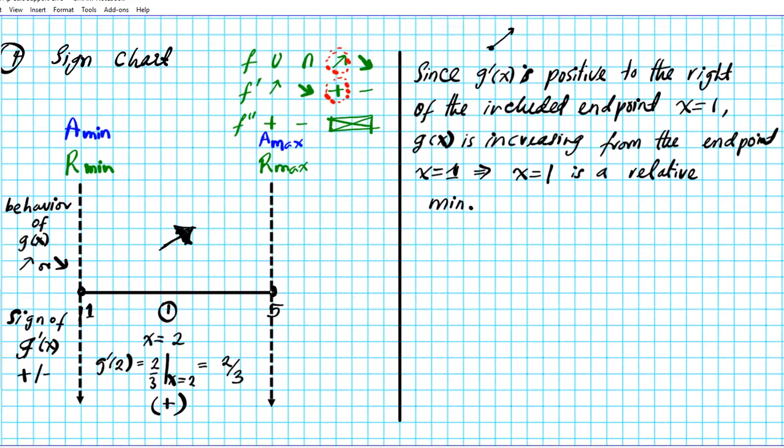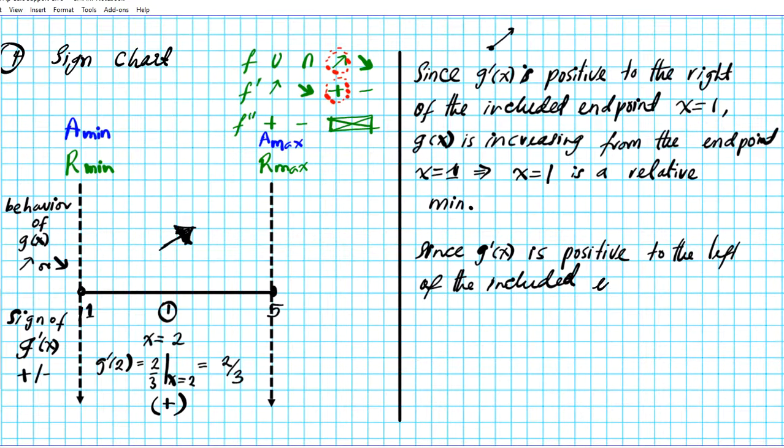Alright, how about 5? What's the story there? In that one, g prime of x is positive to the left of the included endpoint, x equals 5. What's the behavior of g?